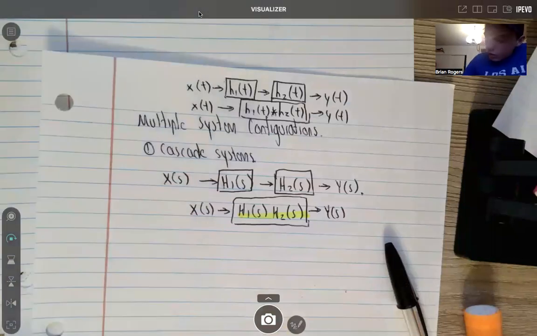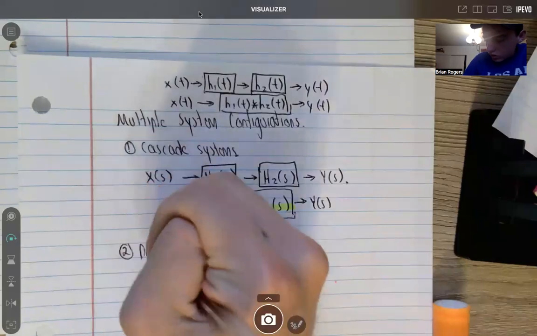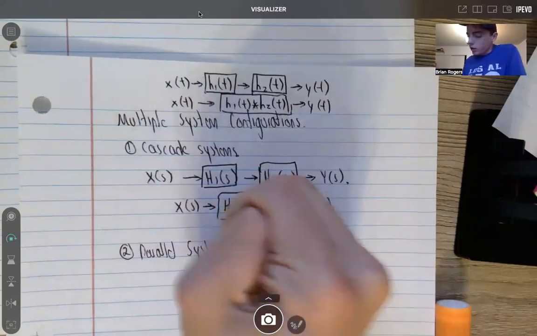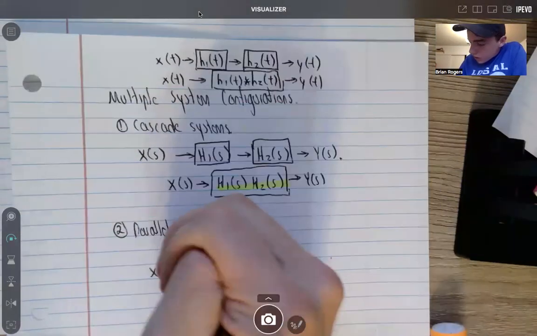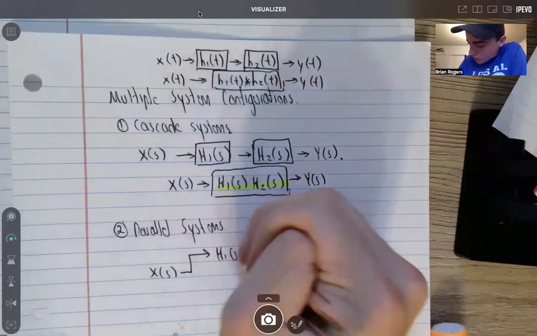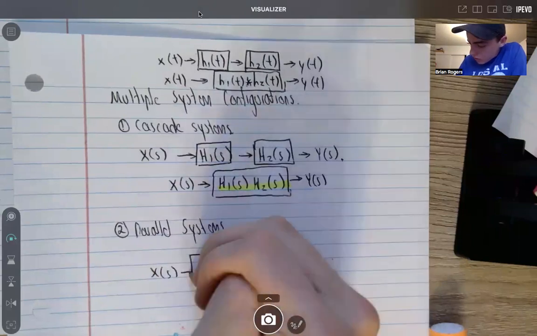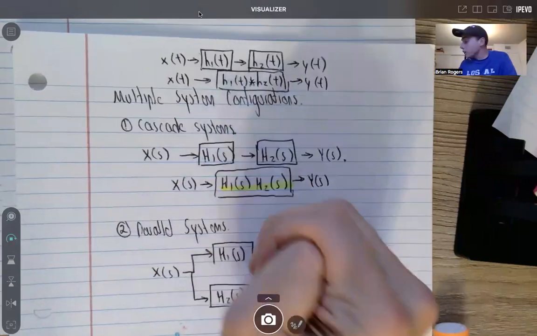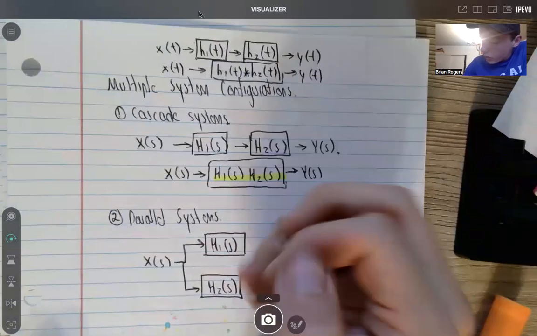Next one is parallel systems. So parallel systems are when we have basically our x of s, and then we have h1 of s, and then we have h2 of s. What's going to happen here is we realize that when they're in parallel with one another, they're going to add.